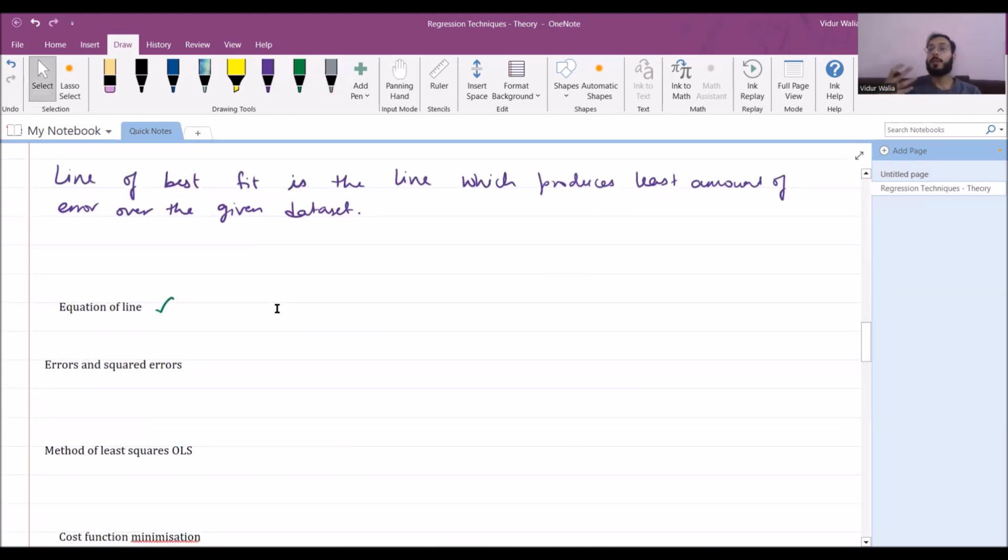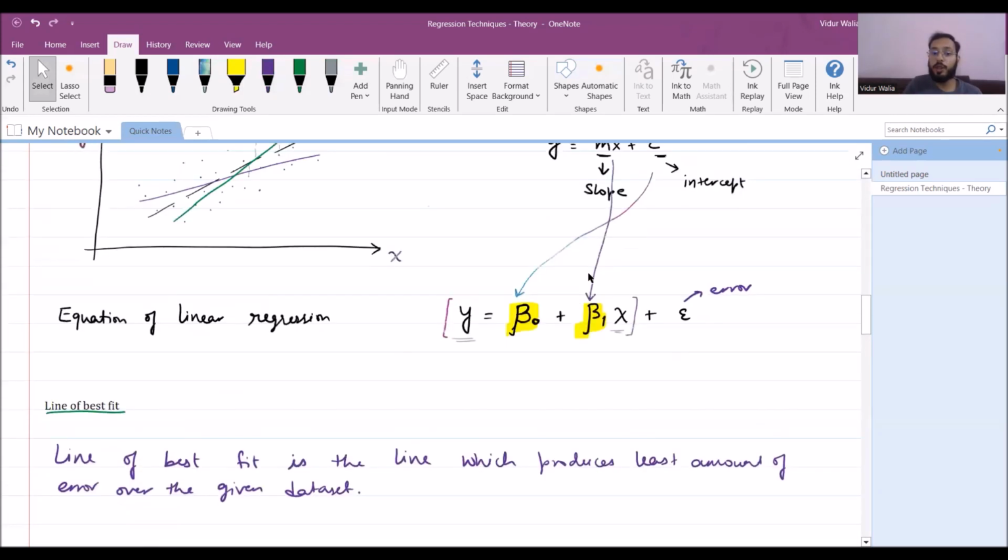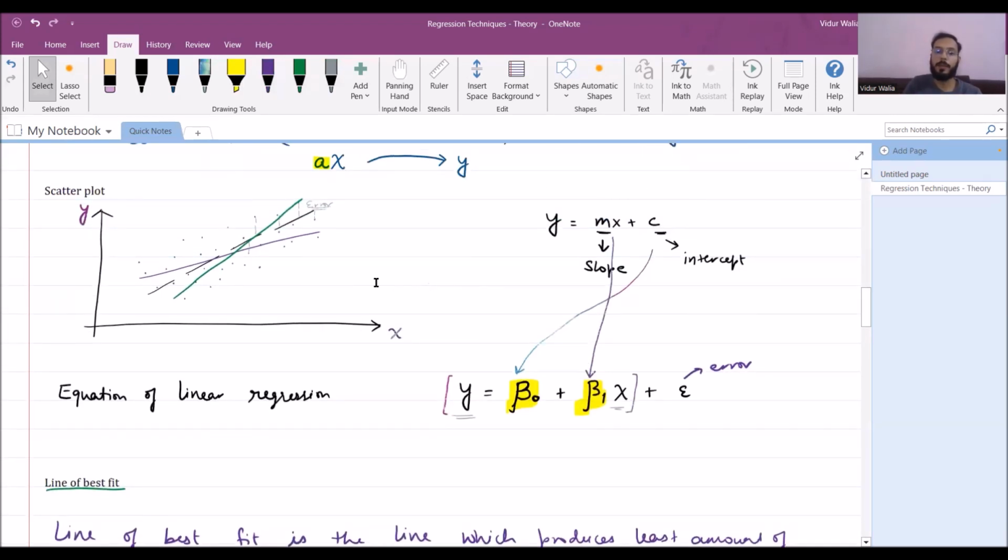Now, slowly we are progressing into the theory, right? We are taking logic and we are trying to build up the theory of how we find the ideal values of beta naught and beta 1, because obviously all these three lines have some equation, m1x plus c1, m2x plus c2, m3x plus c3, because these are three different lines.